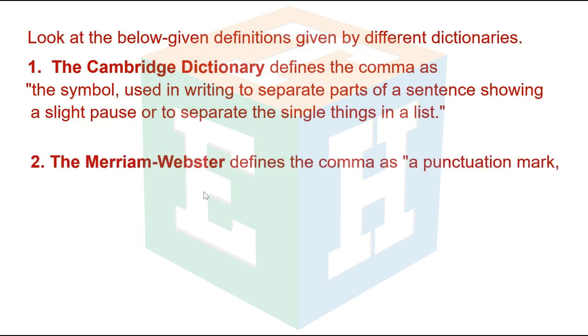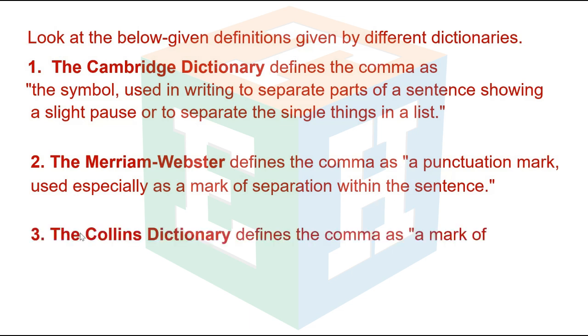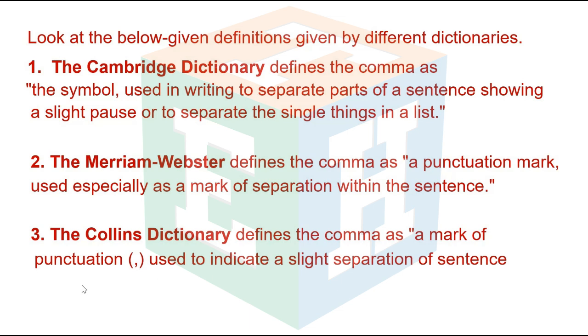Number two, the Merriam-Webster defines the comma as a punctuation mark, used especially as a mark of separation within the sentence. And number three, the College Dictionary defines the comma as a mark of punctuation, used to indicate a slight separation of sentence elements.